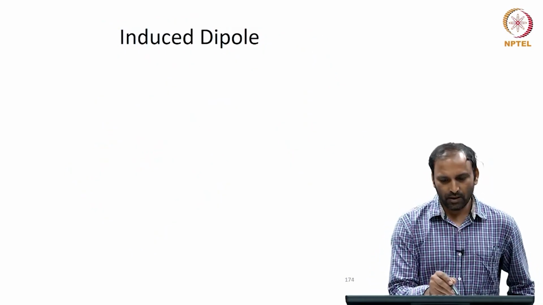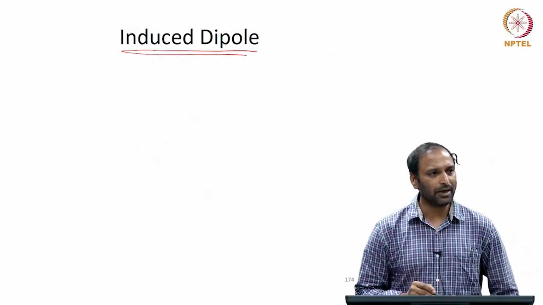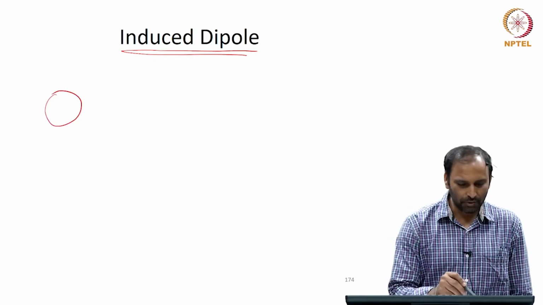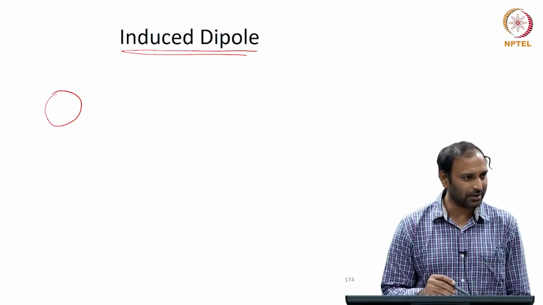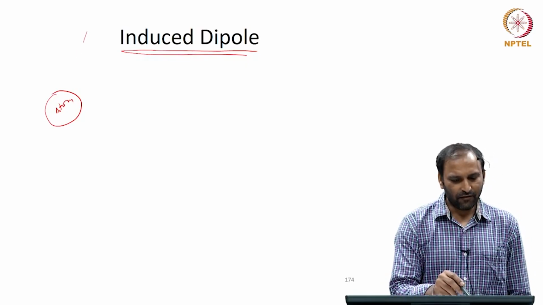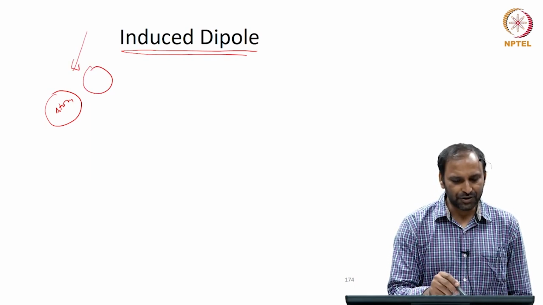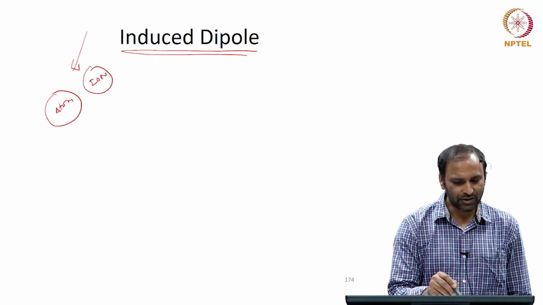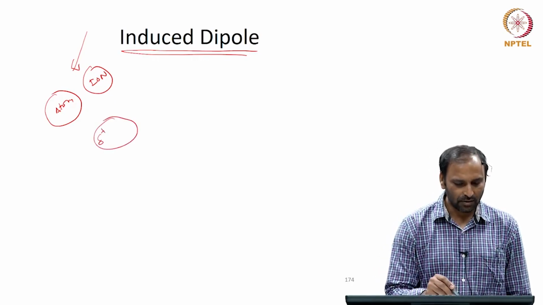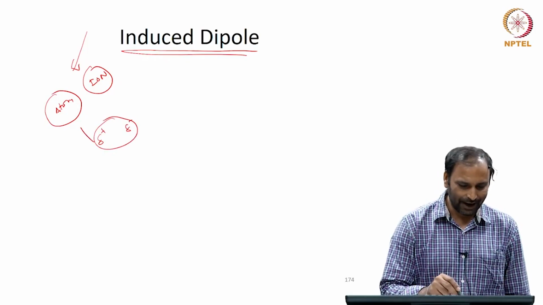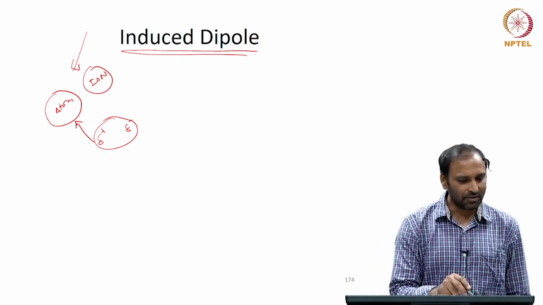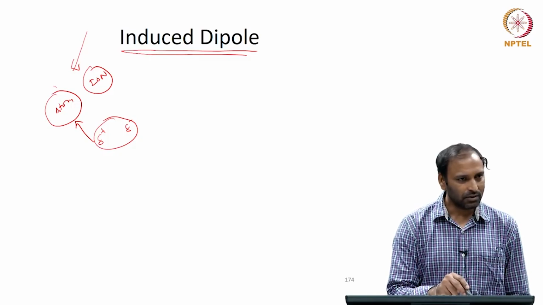Okay. So, then what is called an induced dipole? There could be an atom or a molecule which is neutral. Now, if an ion approaches such a neutral atom or molecule, or if a molecule which has a dipole approaches a neutral atom, it will disturb the electron cloud around the neutral atom.